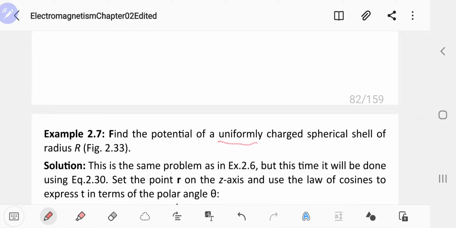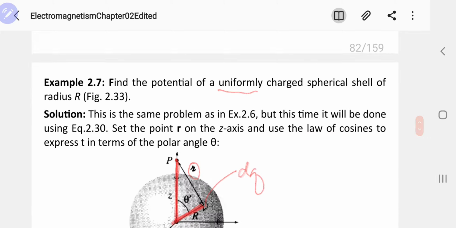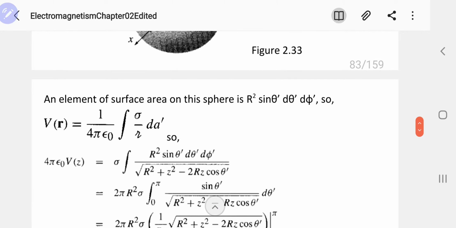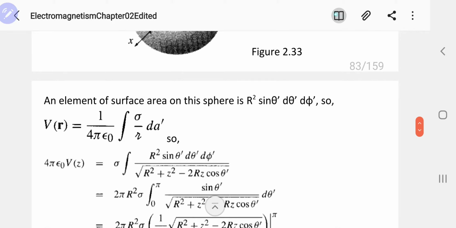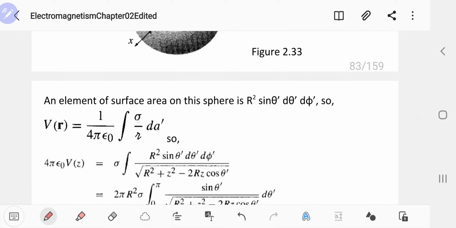That means sigma is constant, so sigma can be taken out of the integral. This constant is just multiplied to the other side, so you have a simplified expression on the right side. Your 4 pi epsilon is multiplied to the electric potential here. It's just a cross multiplication.